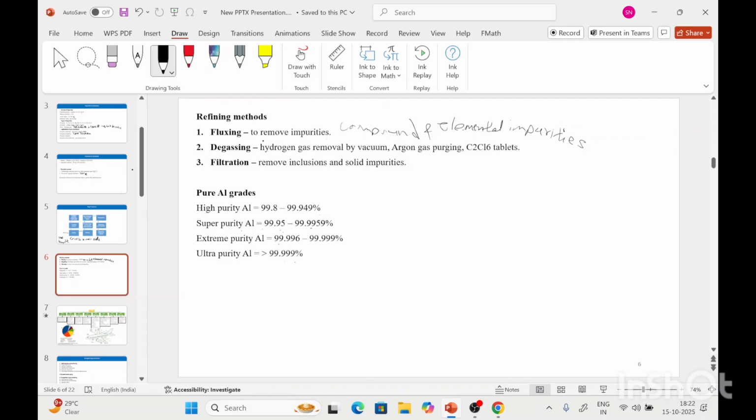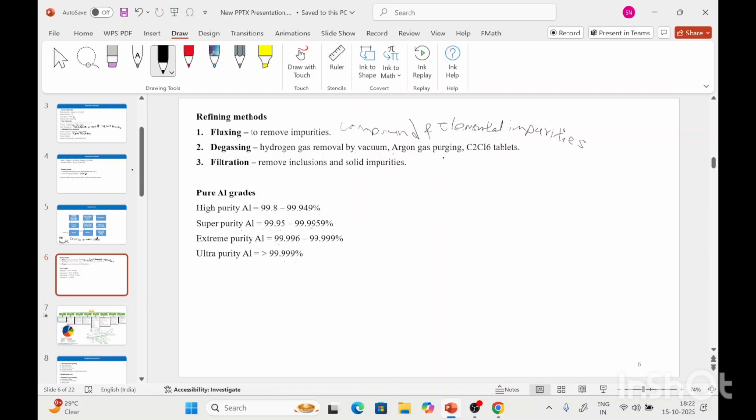Then degassing is done, hydrogen gas removal by vacuum. So in vacuum the hydrogen gas escapes from the liquid aluminium.